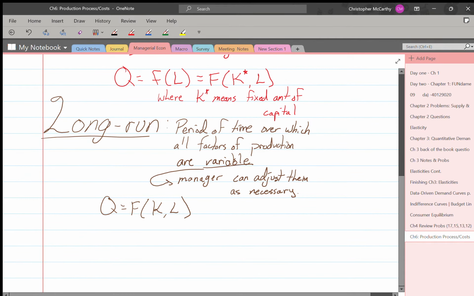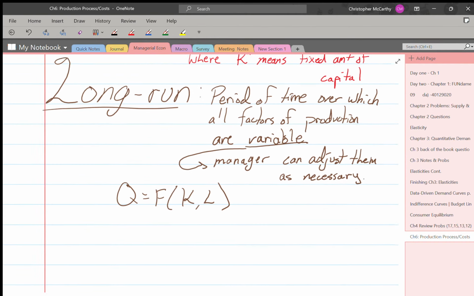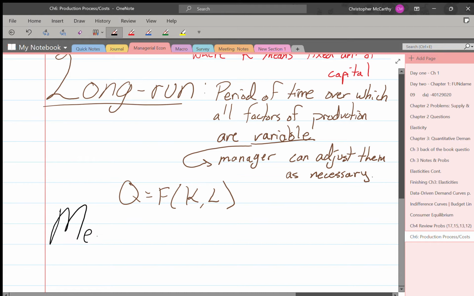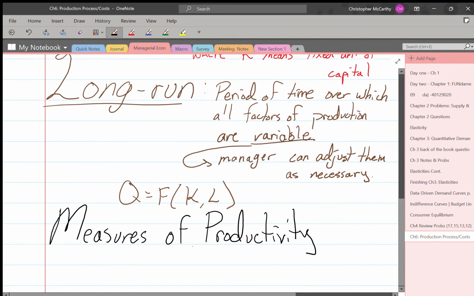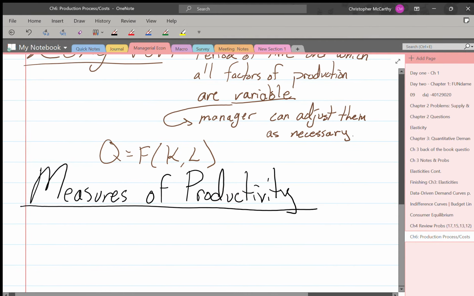All right, different measures of productivity. This should be pretty standard for all of us, but just so that we have a complete note set here, our total product, also known as TP, giggle, giggle.